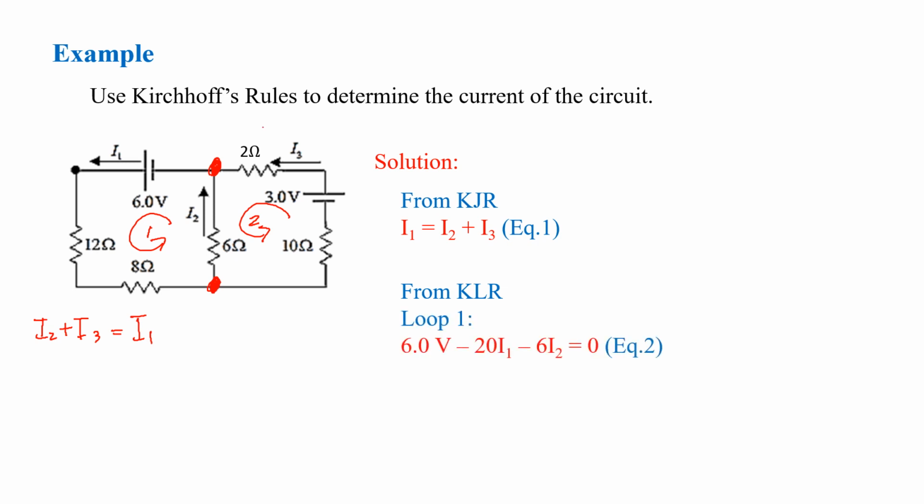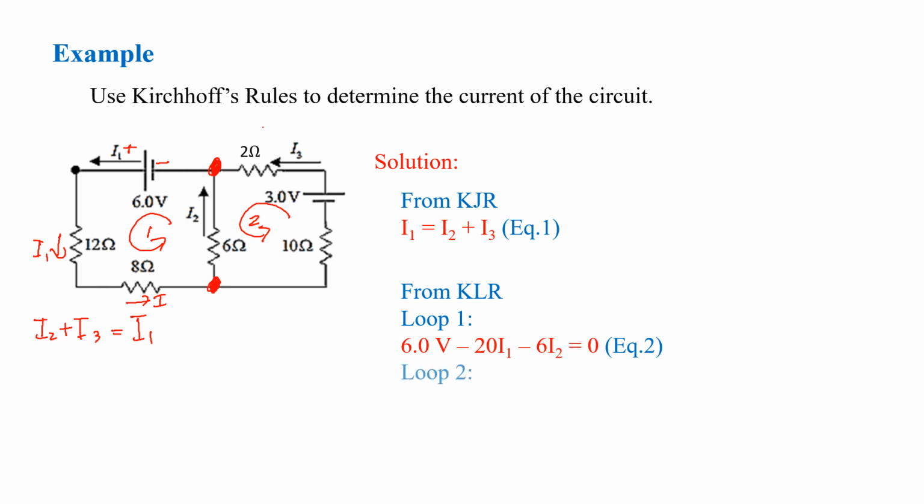From loop 1, I travel from your 6 volts, so you have positive 6 volts because I travel from negative to positive, and you have here your current I1. I travel in the same direction as the current in your 12 ohms, so you have negative 12 ohms, with I1 passing through.